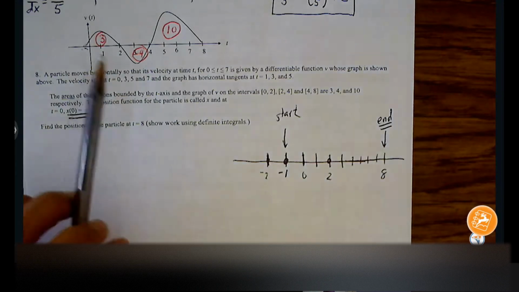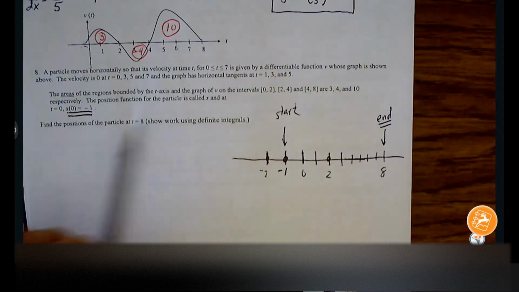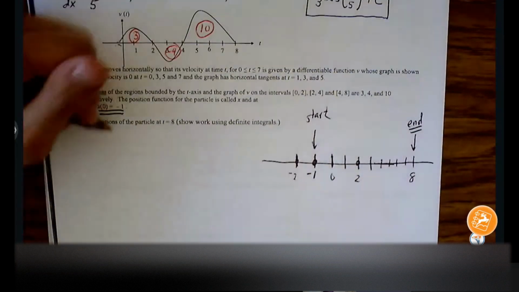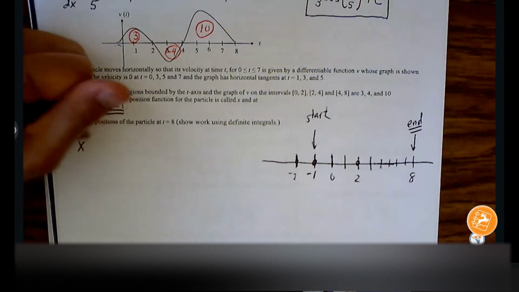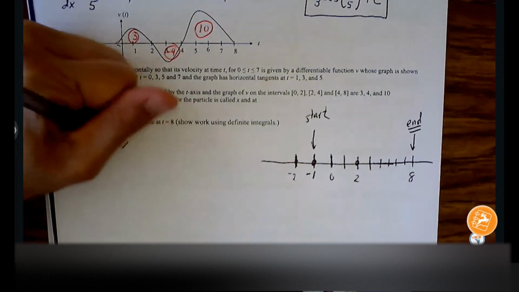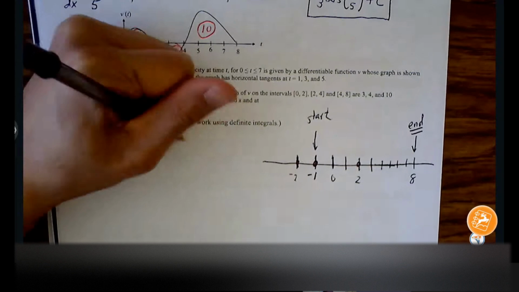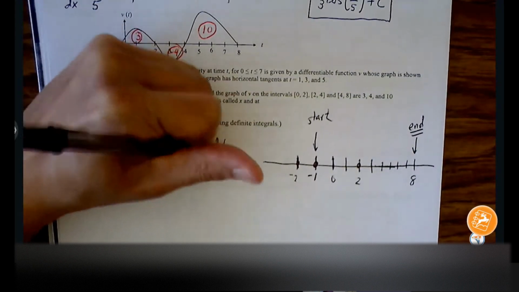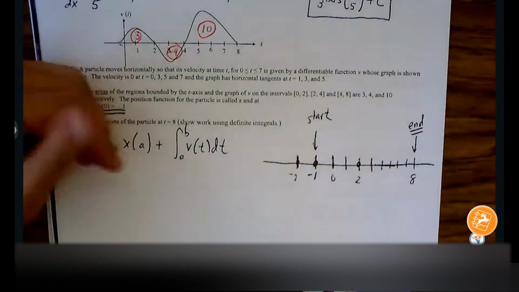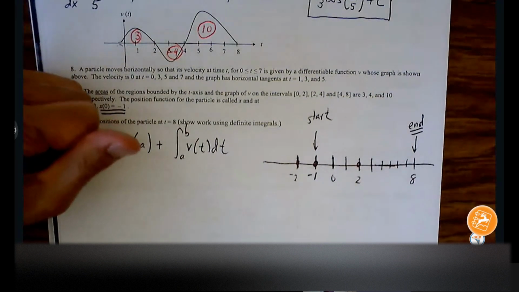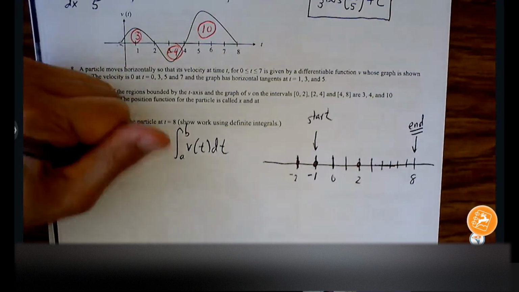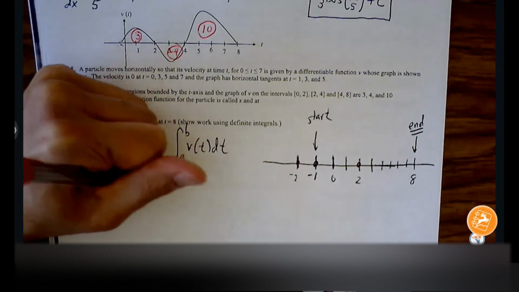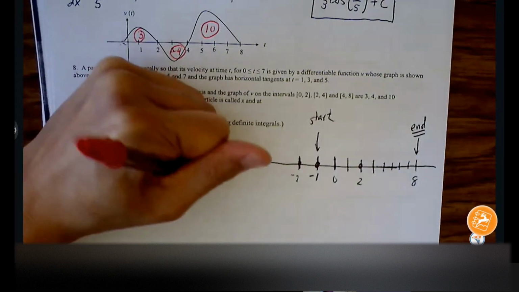Okay, so now let's put this into integral notation and see if it matches what we know to be true. We can use this formula here. We can say final position is equal to the given position plus displacement.